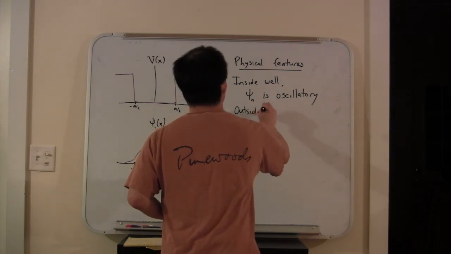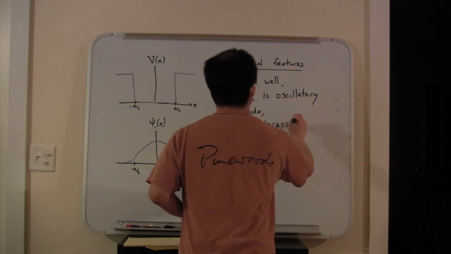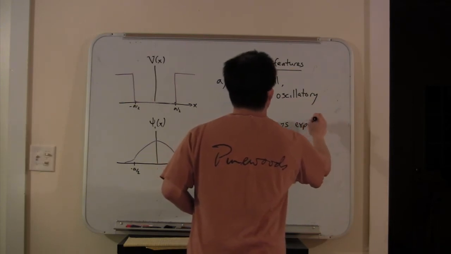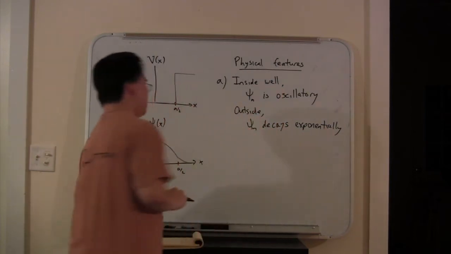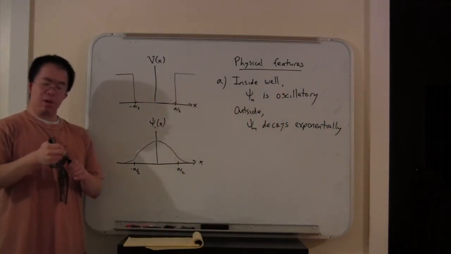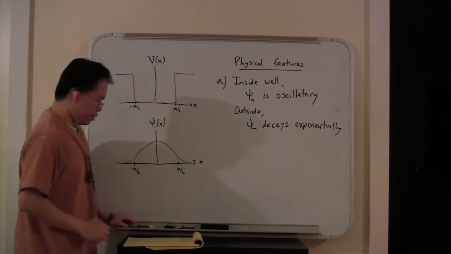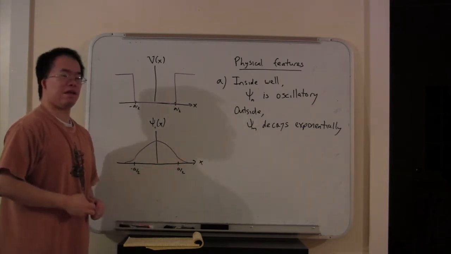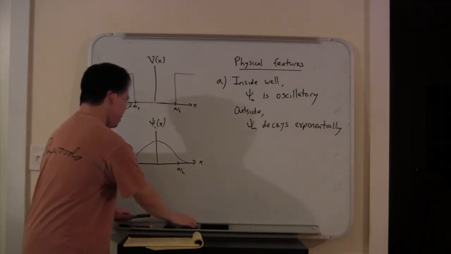Outside, psi n decays exponentially. So we already saw that as well, right, because we ended up with here in region 3, let me see if I can highlight this.